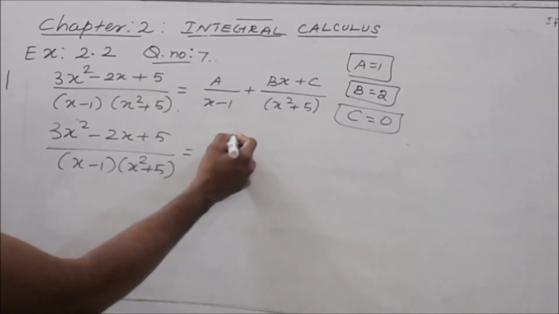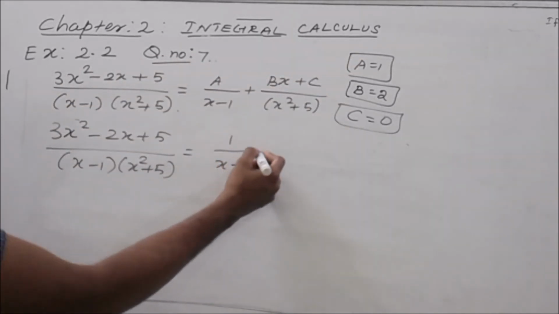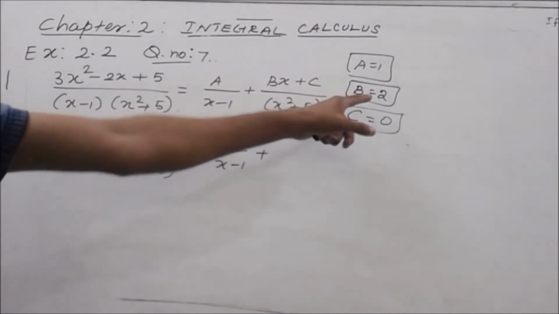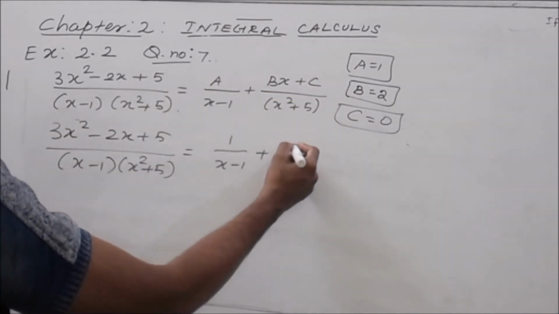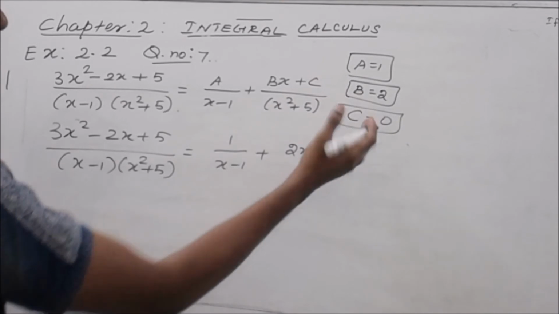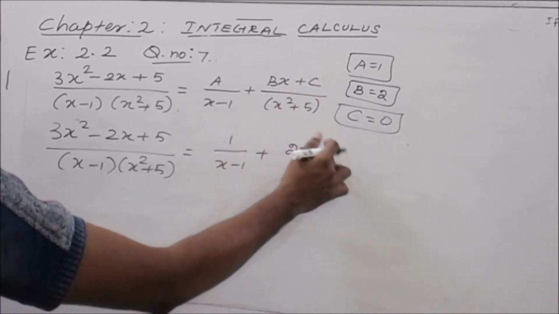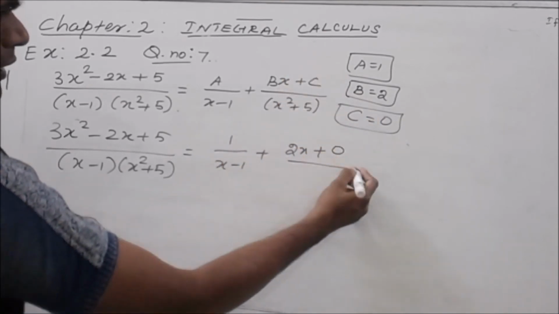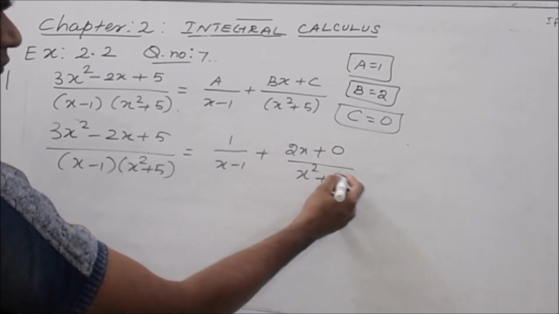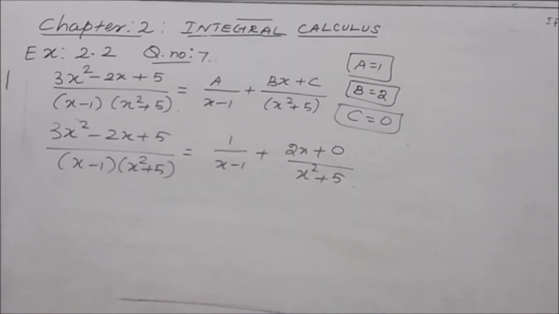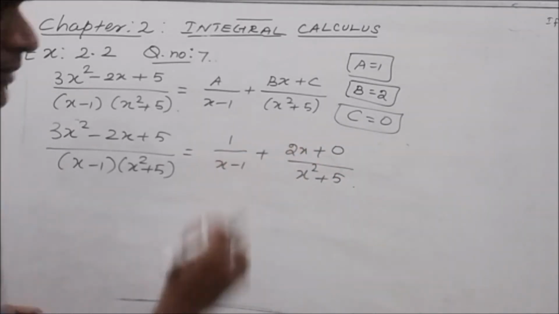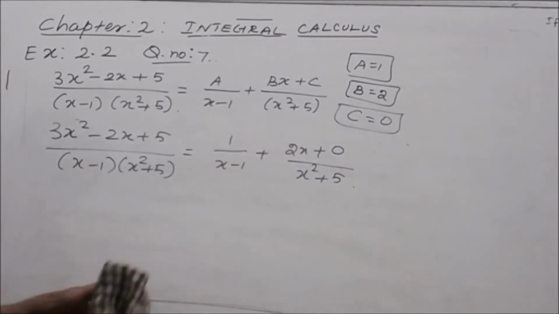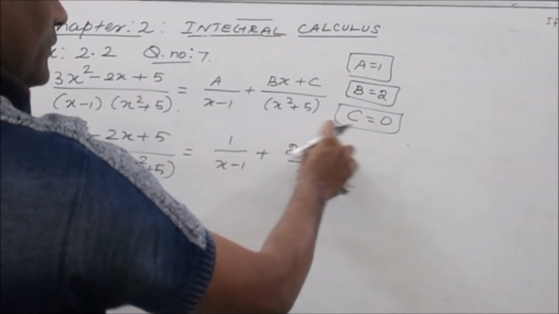A is 1, so 1 by x minus 1, plus bx plus c. B value is 2, so 2x, and the c value becomes 0, so 0 by x² plus 5. Simplifying this, we get only 2x by x² plus 5.